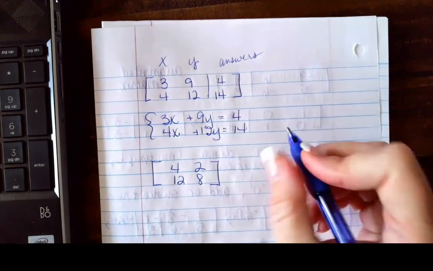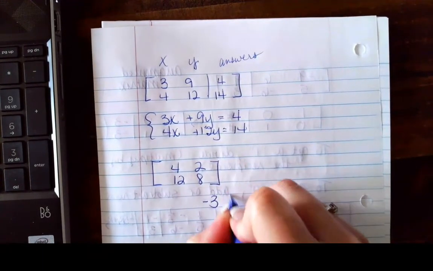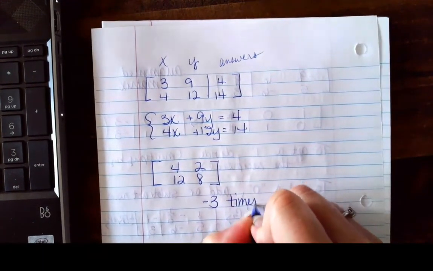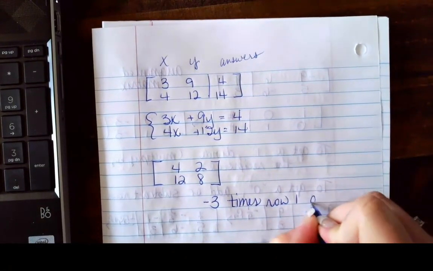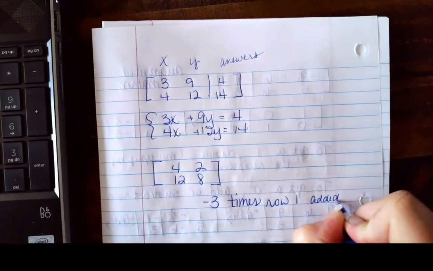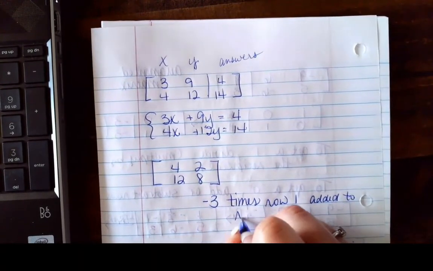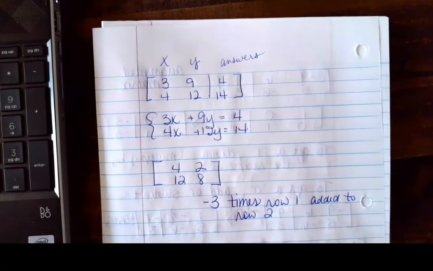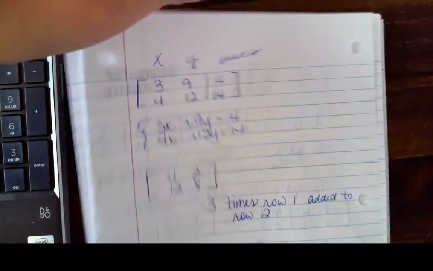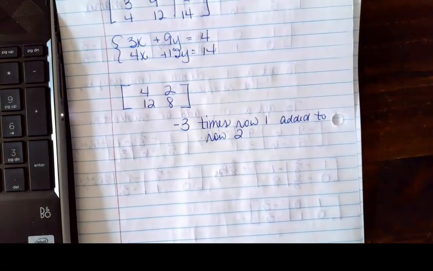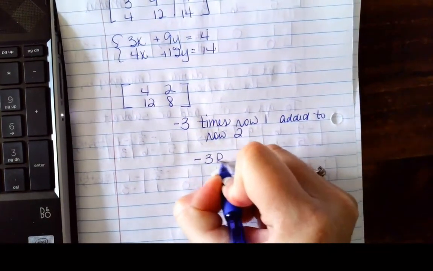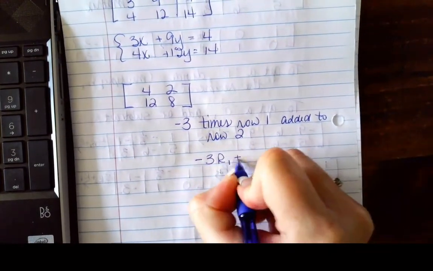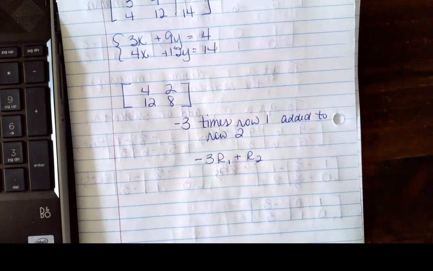And my instructions are to take a negative 3 times row 1 and add it to row 2. Okay, so the first thing I want you to do is write it in mathematical notation. So negative 3 times row 1 and then add it to row 2.